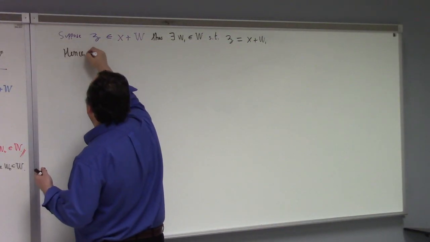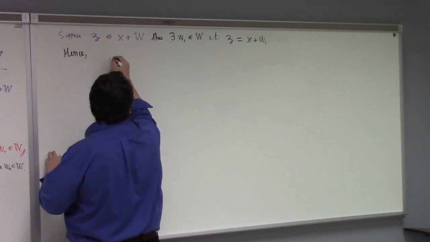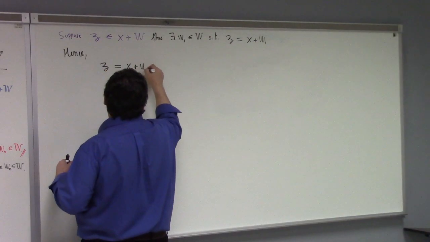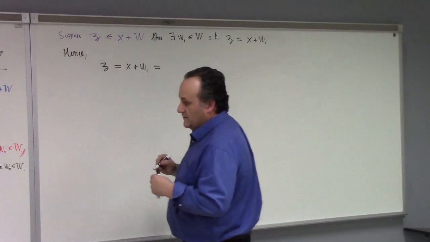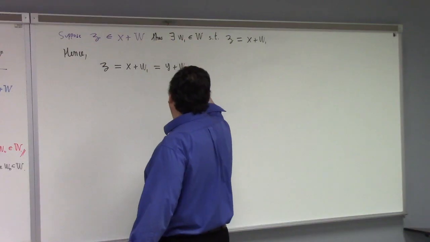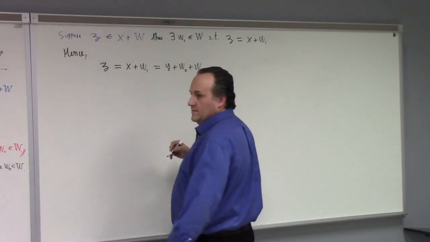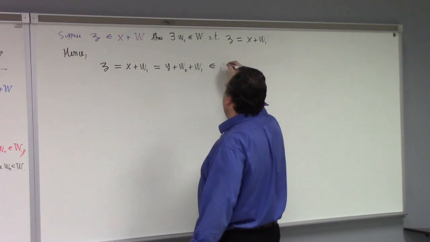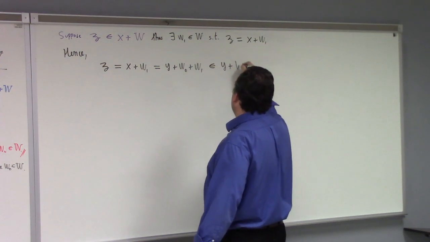Now let's do what you were saying. z is equal to what? x plus w1, but you said that's equal to what? y plus w naught plus w1. Very good. Which is an element of what? y plus W.